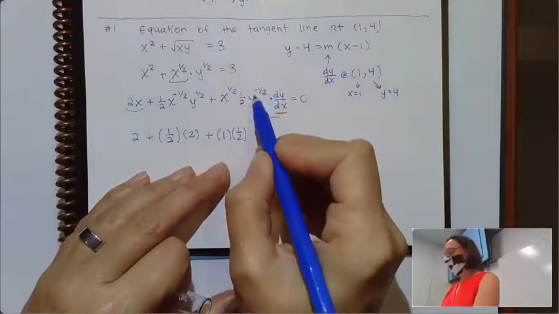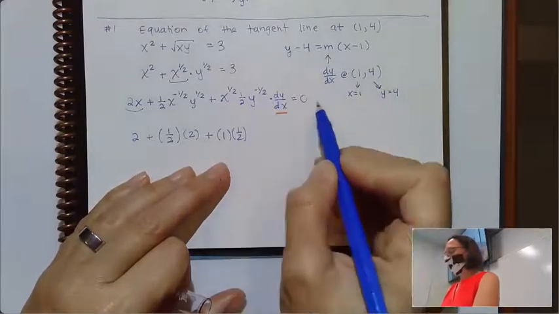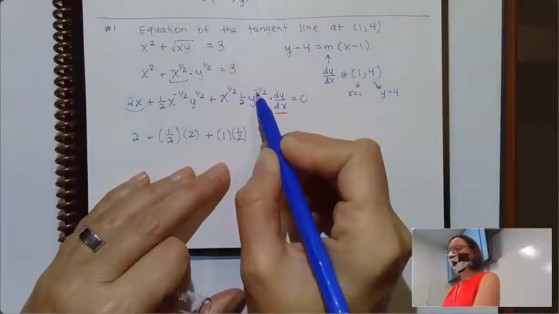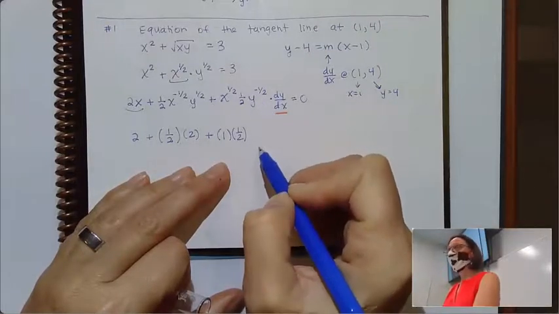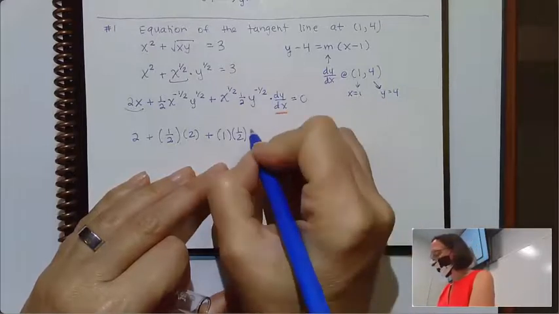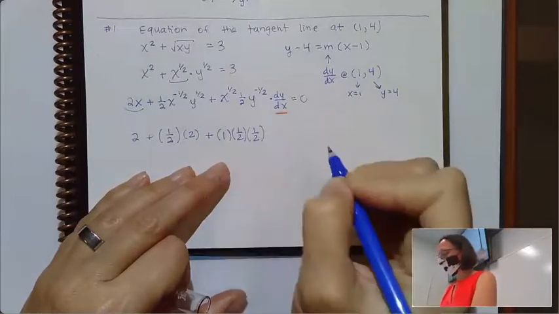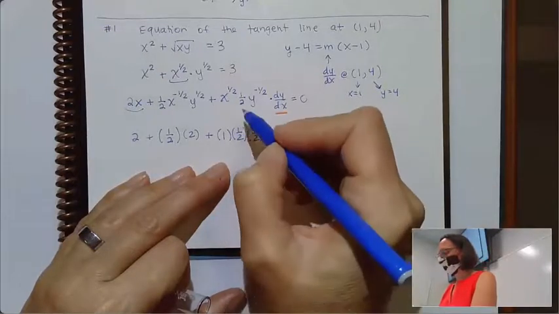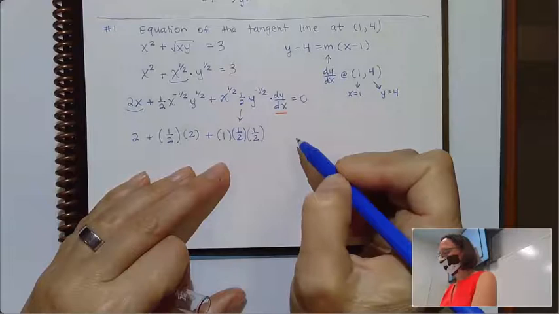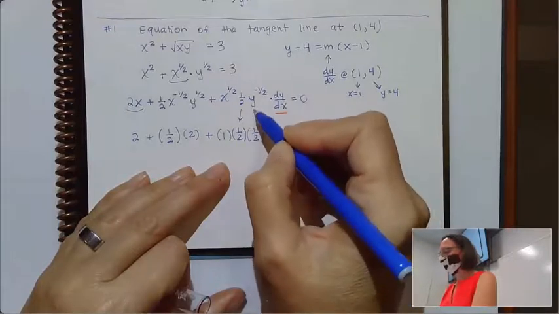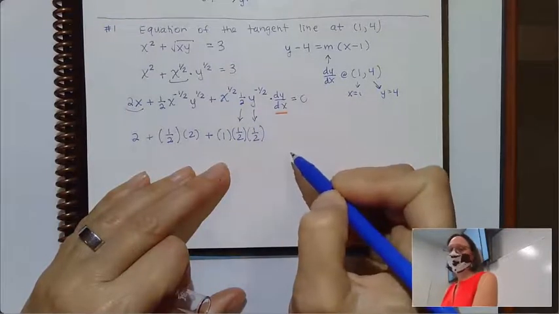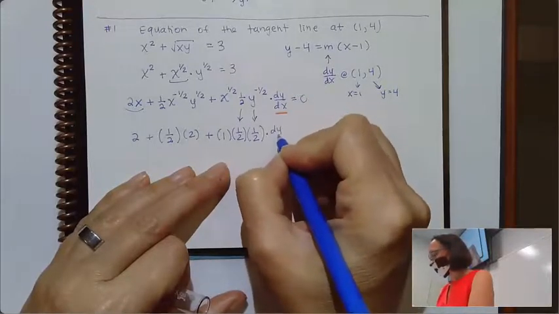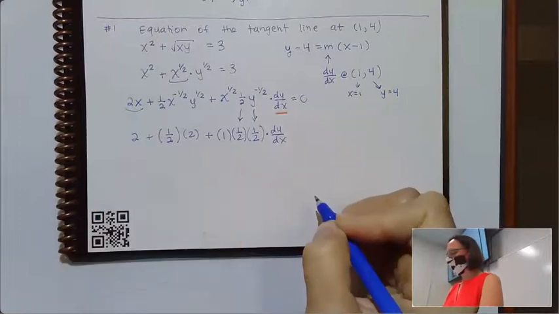Y to the negative 1/2, I would take the square root of 4, but then that negative means I'm going to do 1 over that. Question? This 1/2 is from that 1/2. This 1/2 is from y to the negative 1/2. Was that your question? Okay. Times dy/dx.